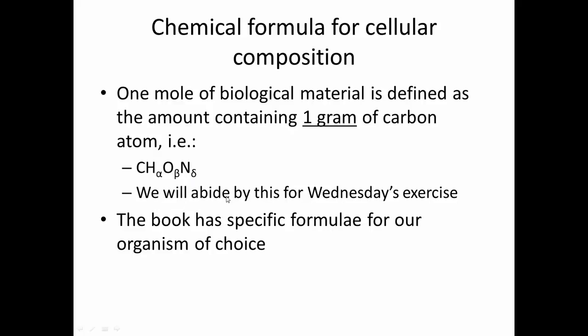We will abide by this general formula for Wednesday's exercise. Again, we're just focusing on the elements carbon, hydrogen, oxygen, and nitrogen here. And the organism of choice for Wednesday is E. coli; the book has specific formulae for that organism. Even if we're not doing the exact same conditions as specified in that table in the book, we can just choose an E. coli formula, irrespective of whatever conditions may be specified.